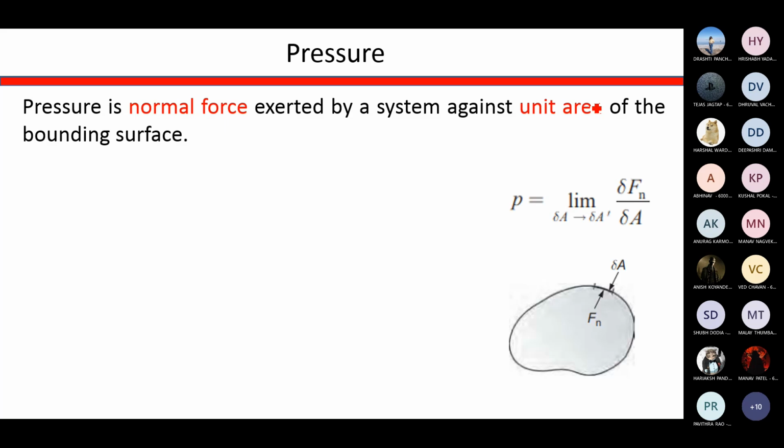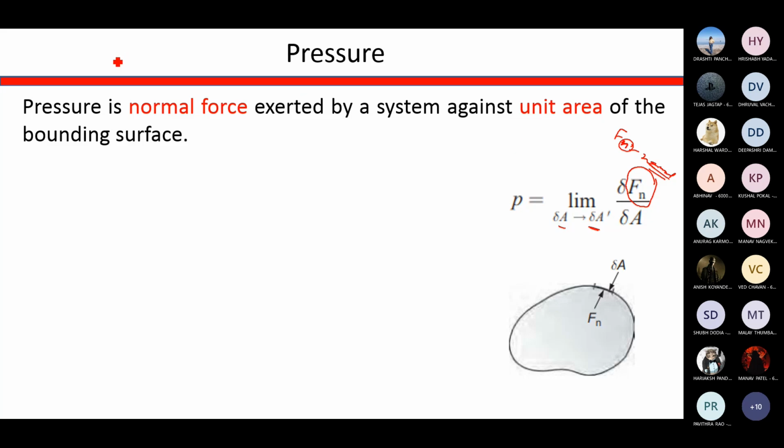So similar to density, the way we define density, we can define pressure also using limits. So see the definition of pressure using limits. P, pressure, is equal to the limit as delta A tends to delta A dash, of delta Fn by delta A. Now intentionally this is written as F to the base N. This N indicates normal.